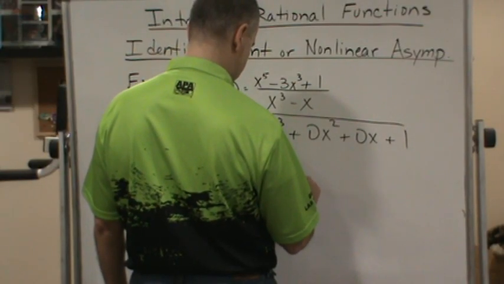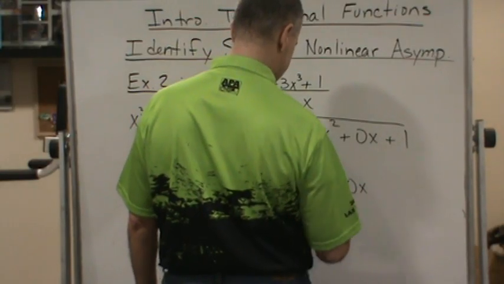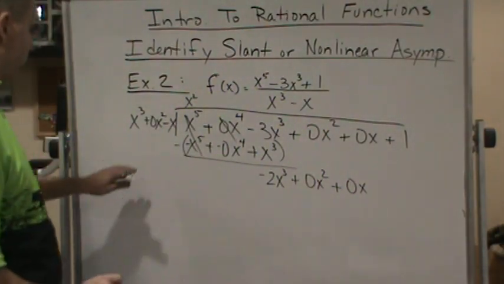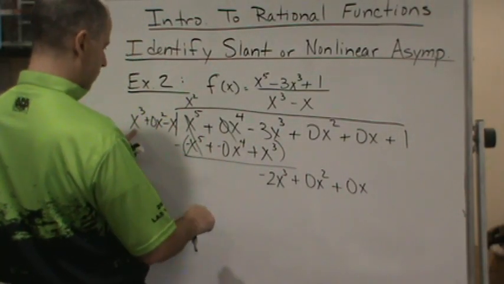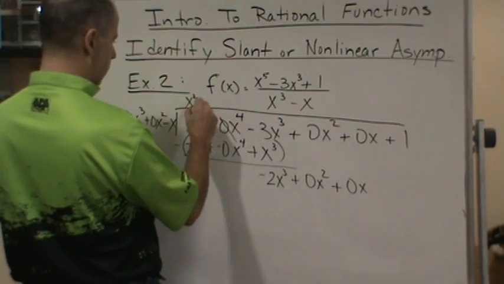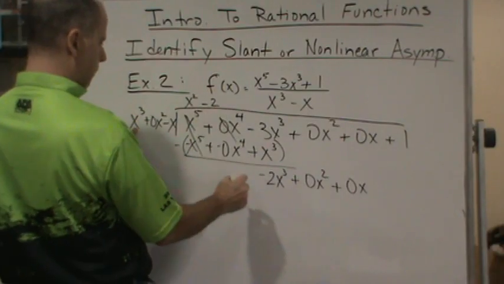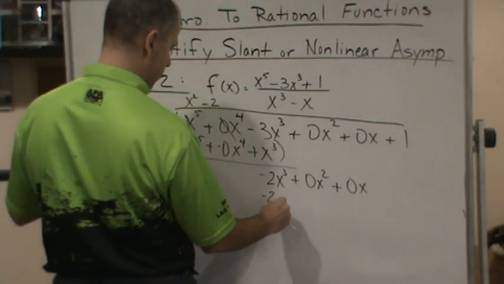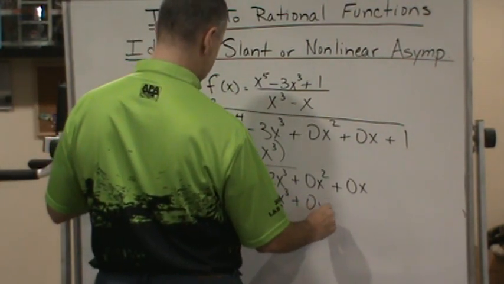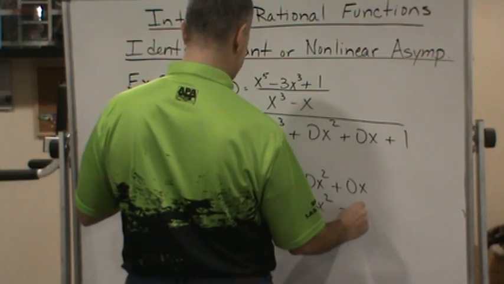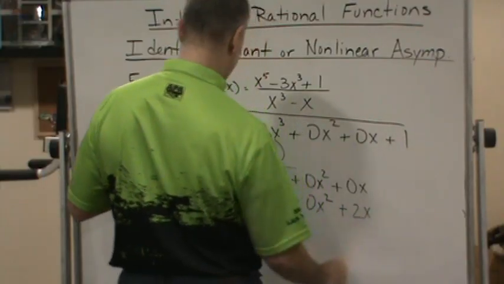And now we're going to drop down 2 more, which is going to be plus 0x squared plus 0x, right? And so now we're going through the process again. So it's going to be x cubed times what? -2. So minus 2, right?